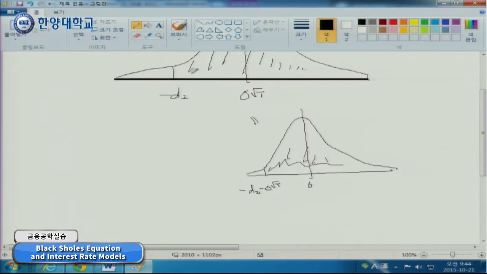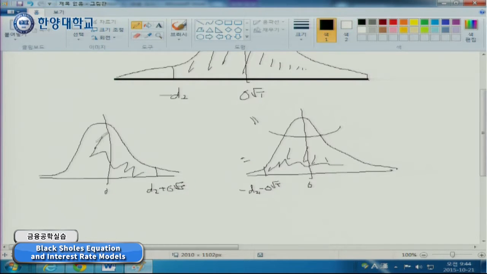Or we can flip this one over here. Then if we flip, center is 0, the d2 now becomes plus sigma root t, and we have saved this area, right?